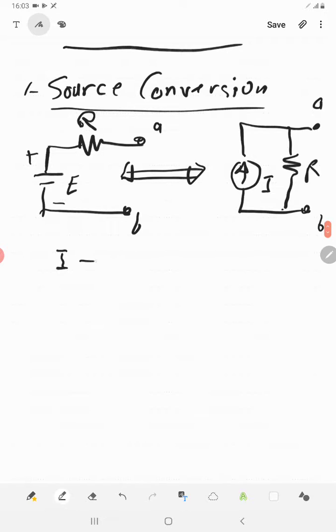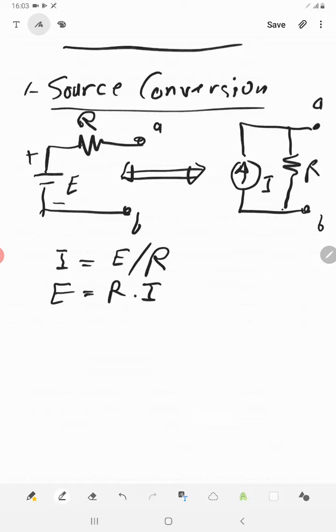I is equal to E divided by R, or E equal R times I, which means that if we have a series circuit of a voltage source and a resistance R, we can convert it to a current source in parallel with the same resistance R, and the value of I is equal to E over R, or vice versa.